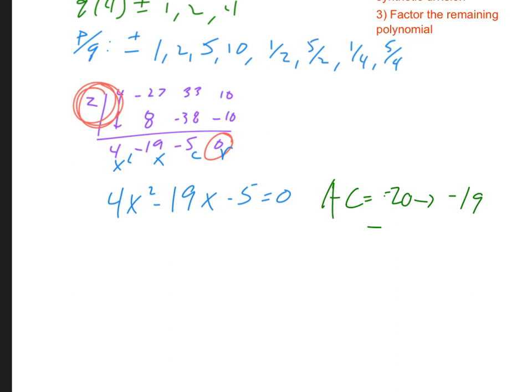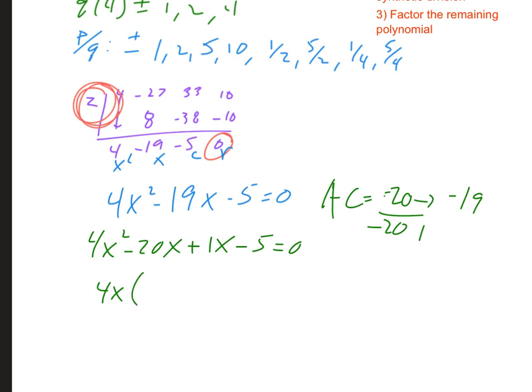I bet that's negative 20 and 1, right? So 4x squared minus 20x plus 1x minus 5 equals 0. Those both have 4x in them, which is x minus 5. And then x and 5 don't share anything, so it's 1. So you make sure you put that plus 1 there. And x minus 5 equals 0.